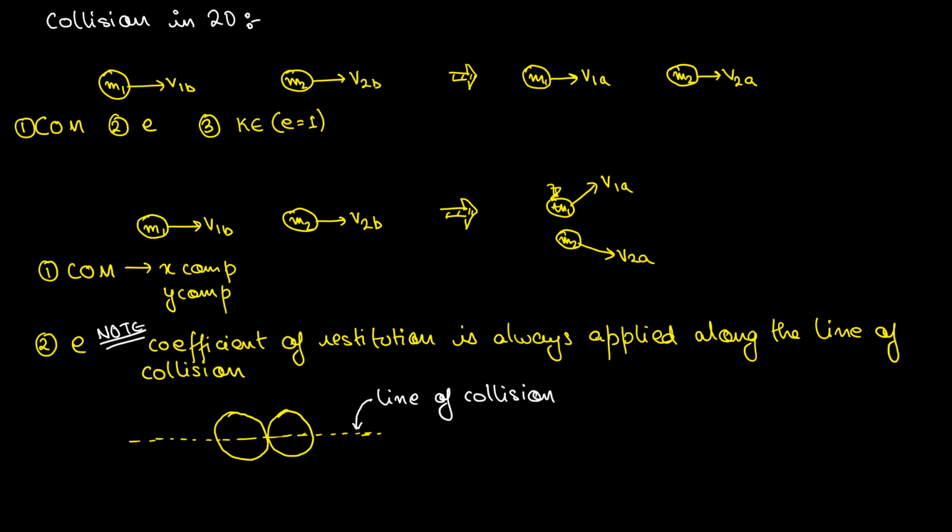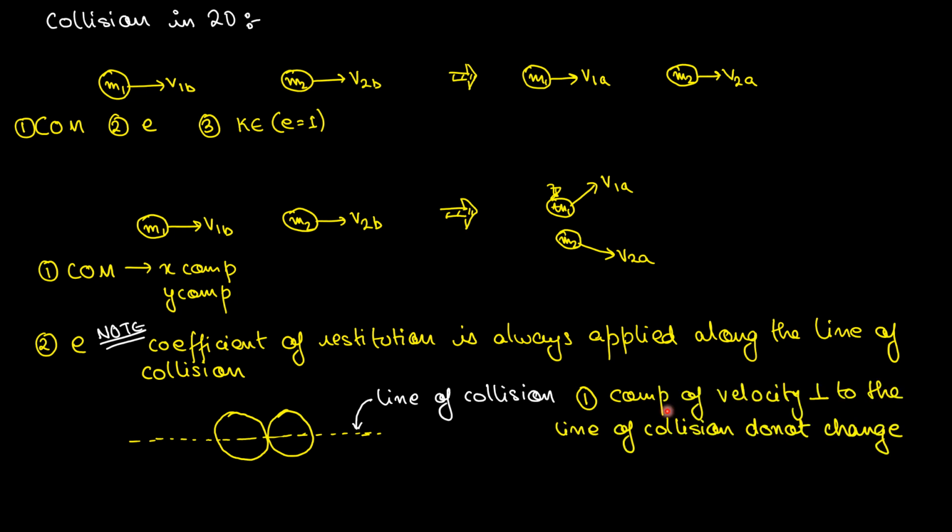See, if you observe one more thing, the component of velocity perpendicular to the line of collision does not change. What I'm trying to mean out here is, see the first 1D collision.